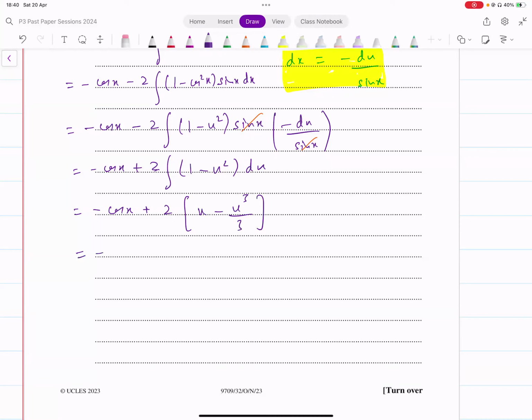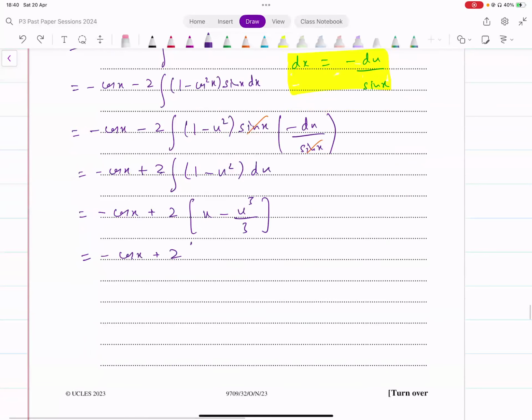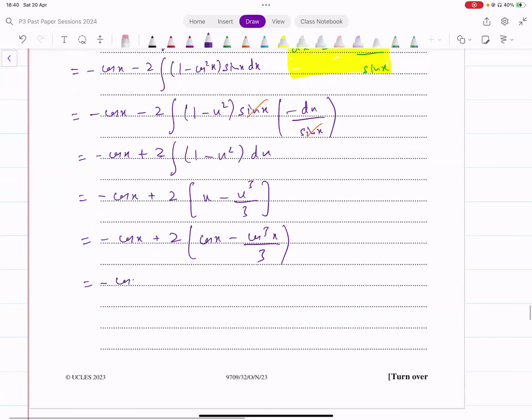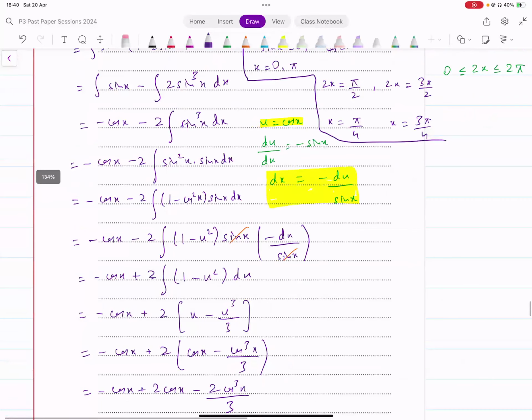Now you put that substitution back, and that gives you minus cos x plus 2 into cos x minus cos cube x over 3. And that simplifies to minus cos x plus 2 cos x minus 2 cos cube x over 3. So this could be the other thing that you could use here, a substitution.